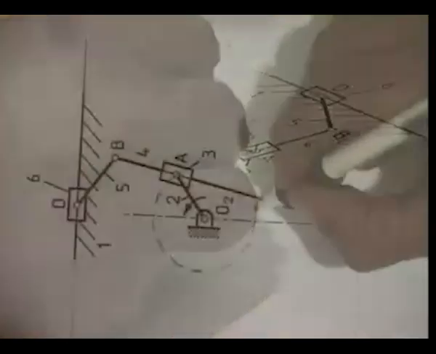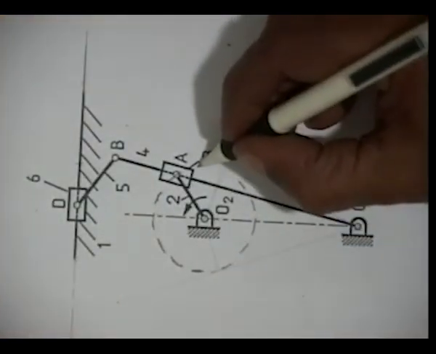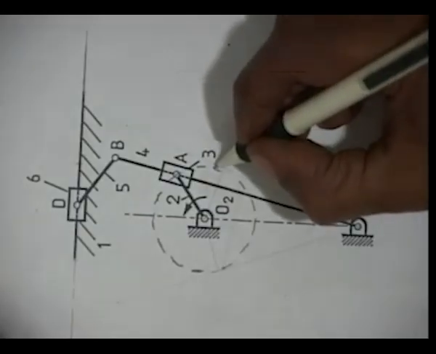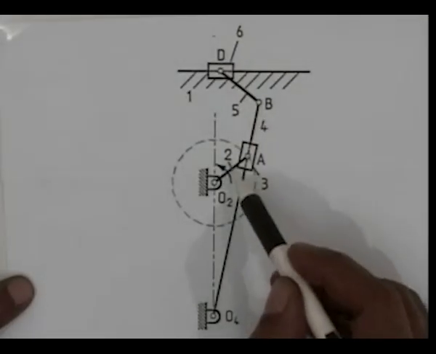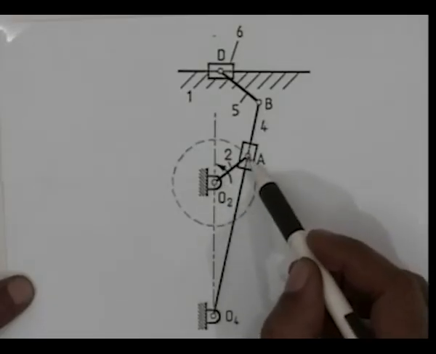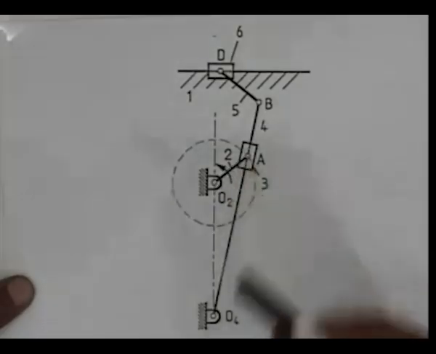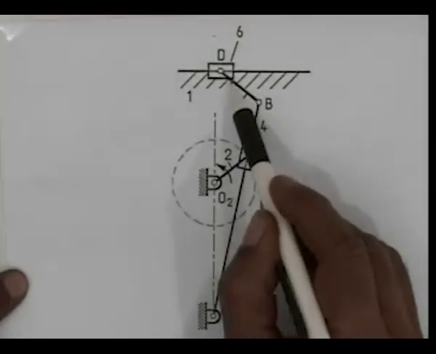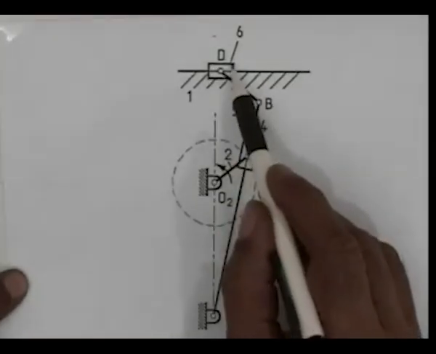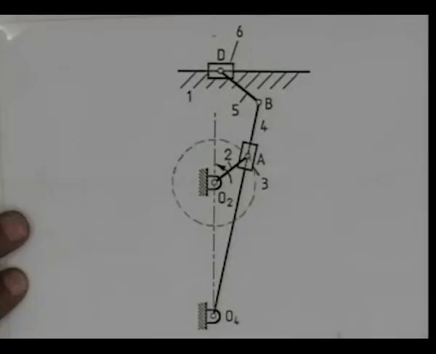Let us now return to the kinematic diagram of the same slotted lever quick return mechanism, in which link 2, that is this line O2A, represents the bull gear or the input link, and link 6, that is this block D, represents the tool holder or the cutting tool.